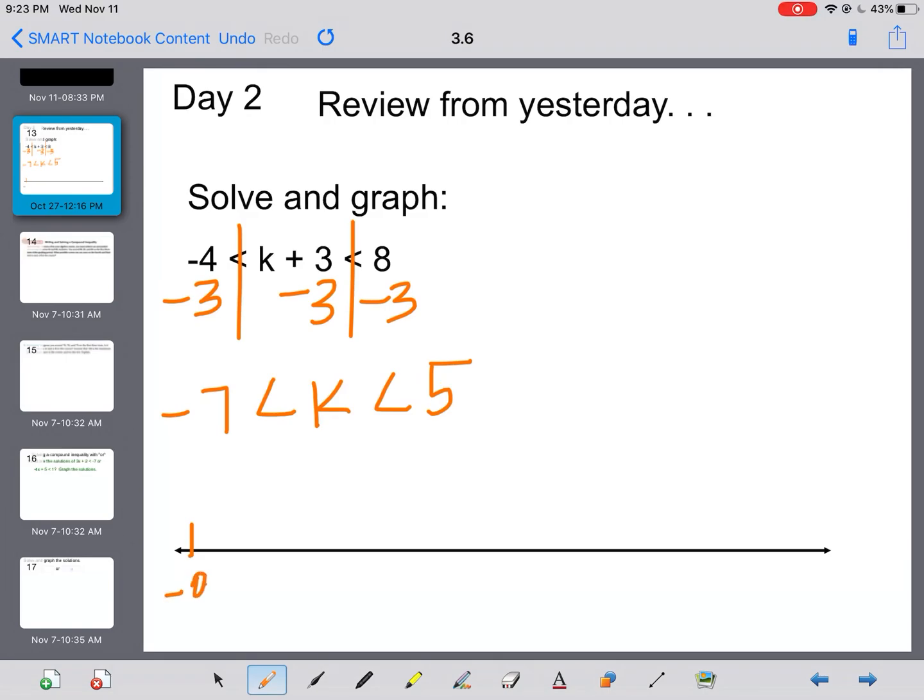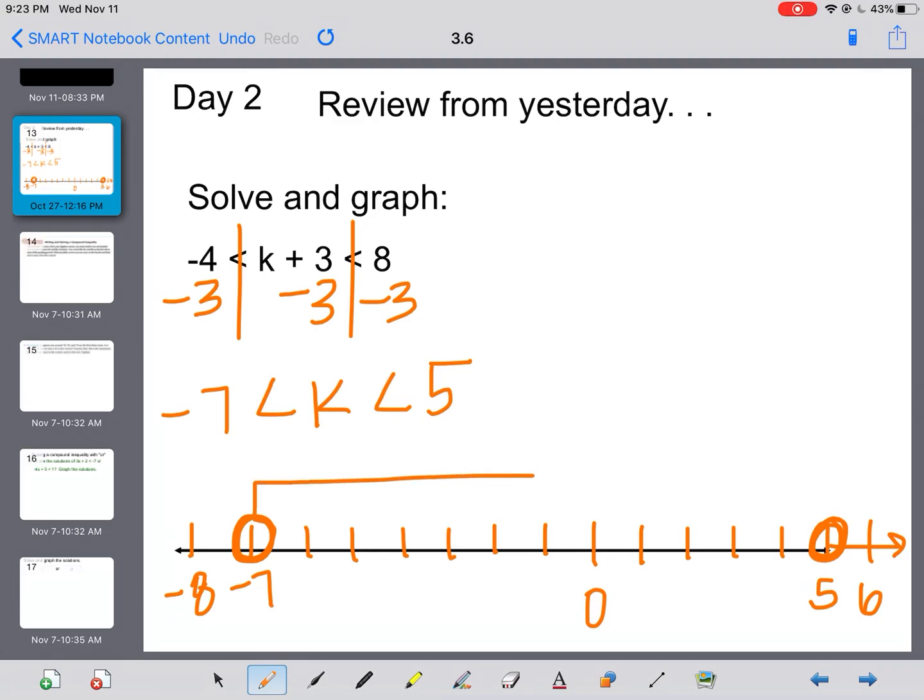less than 5. Okay, to graph this, I need to make sure I have all the way from about negative 8 to 6, which is kind of a big jump, but we're going to try to squeeze it in here. So negative 8, negative 7, negative 6, negative 5, negative 4, negative 3, negative 2, negative 1, 0, 1, 2, 3, 4, 5, and then an extra 1 just to make it show what we're doing here.